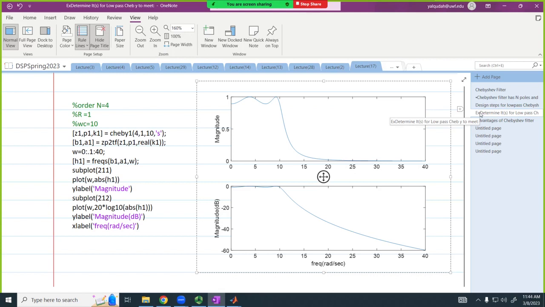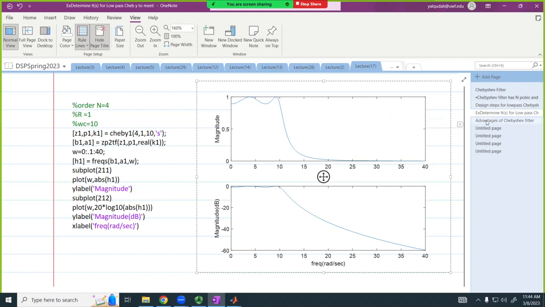You could have your system so that you can tolerate these ripples. Ultimately it's up to you. If I really want to attenuate higher frequencies to the maximum limit, but I'm okay if the passband gets a little attenuation, then these ripples can be tolerated.